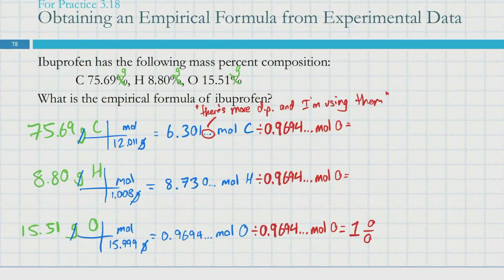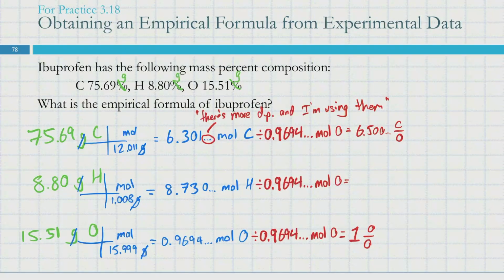And then we get the numbers for the other ones that we do put into our calculator. We've got 6.5 and some change, just a small amount of change, carbons for every oxygen that we have. And we've got about 9 hydrogens for every oxygen that we have.